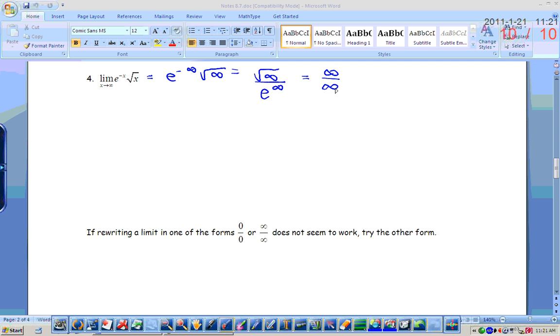But another thing for L'Hopital's rule, in order for that to work, is that you need to start with a function divided by another function. So what would be a better way to rewrite this problem? Yeah, the square root of x over e to the x. And since that was infinity over infinity, now I can use L'Hopital's rule.